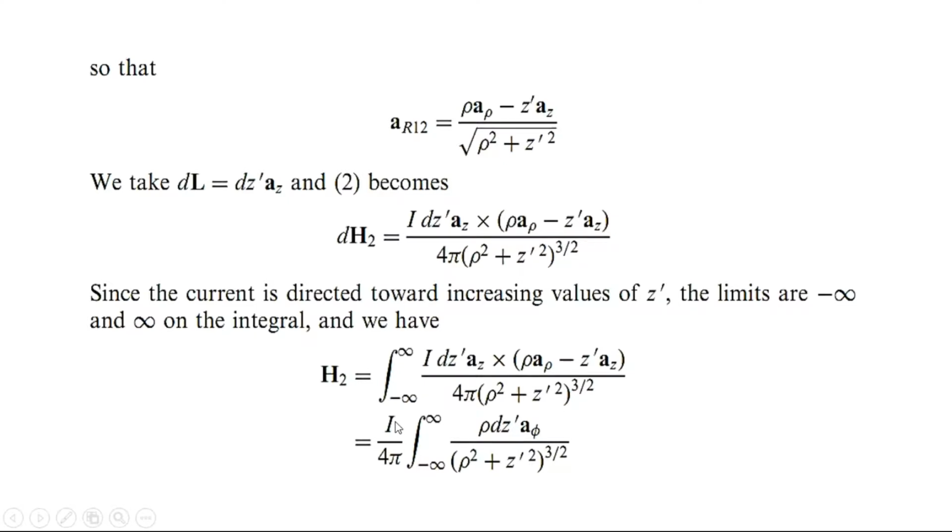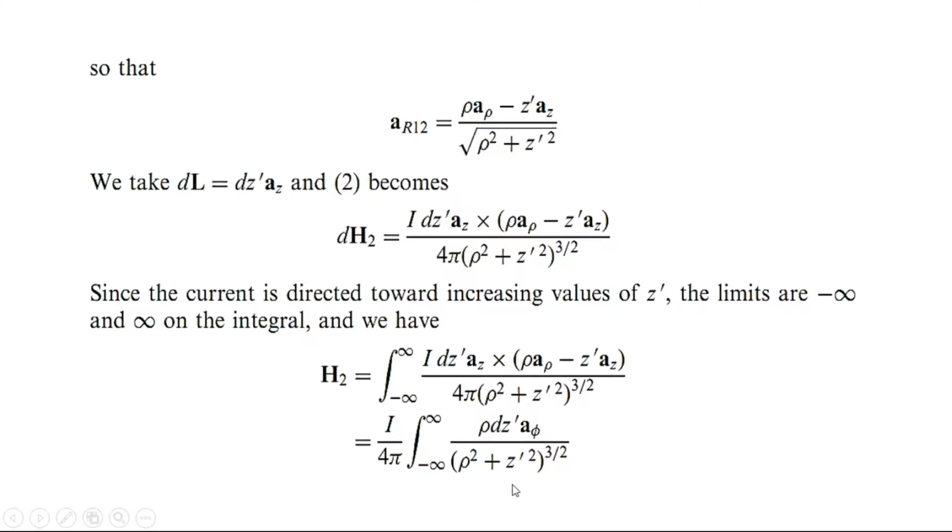So it will give us I divided by 4 pi, these constants, and the integral of rho dz' a_phi divided by rho squared plus z' squared to the power 3 by 2. Because a_z cross a_z results in 0, this term will be 0. a_z cross rho arrow results in a_phi, so we get this component, and we get the result H2 is equal to I divided by 4 pi and this integral.